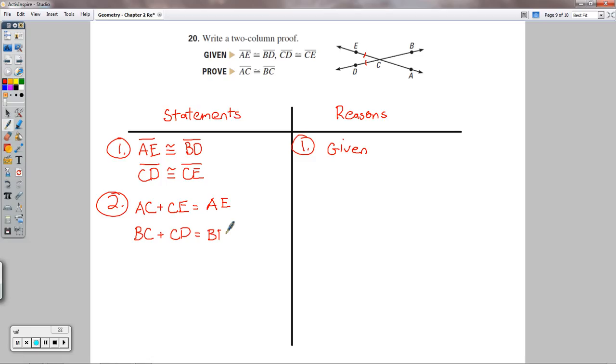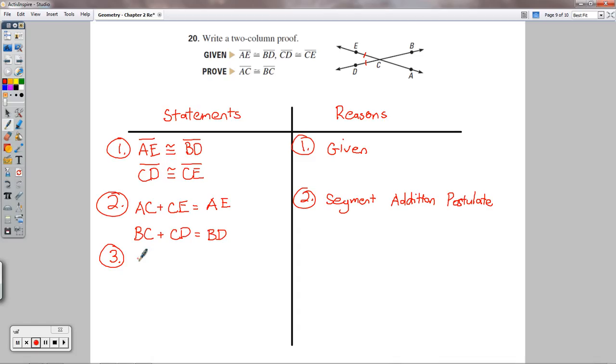The smaller parts of the segment make up the whole segment. So that's the segment addition postulate. So segment addition postulate tells us this.